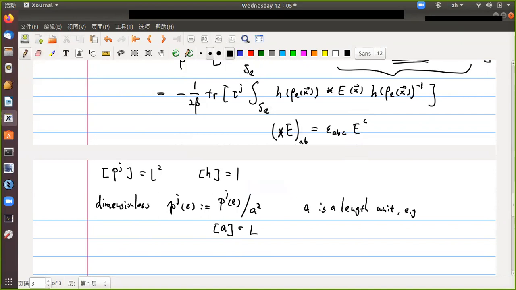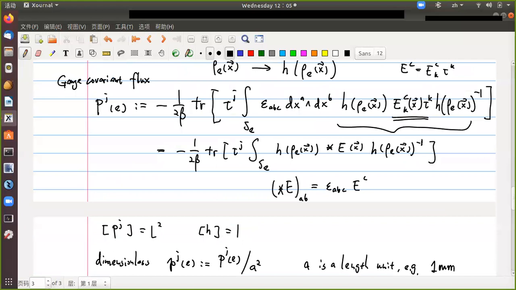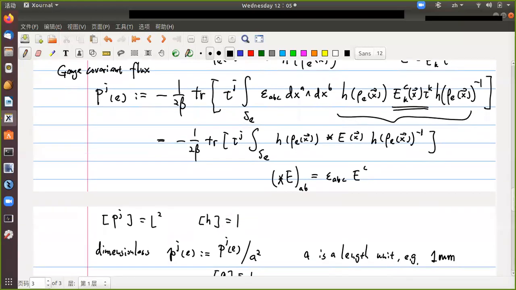For example, you can take a to be 1 millimeter. Therefore, this dimensionless lowercase p is just the evaluation of capital P at 1 millimeter. Okay, so this is the definition of the dimensionless flux.